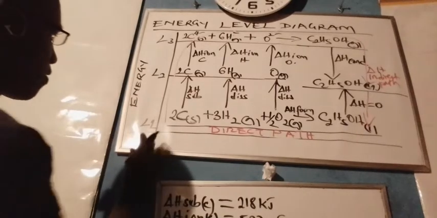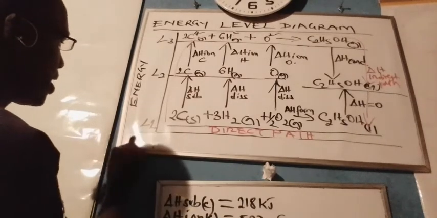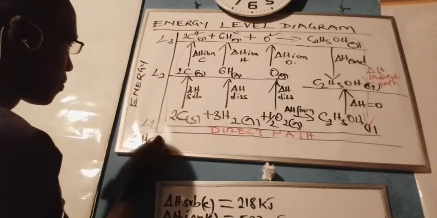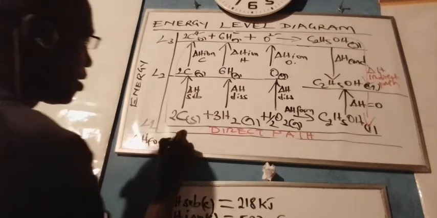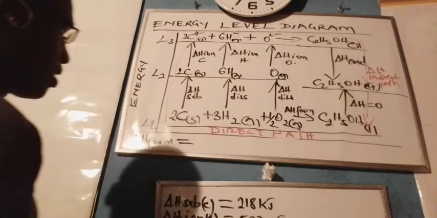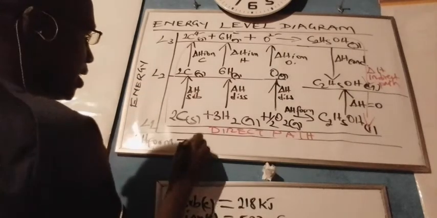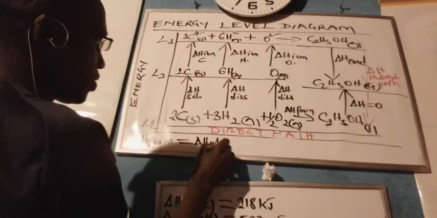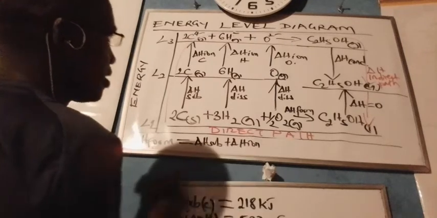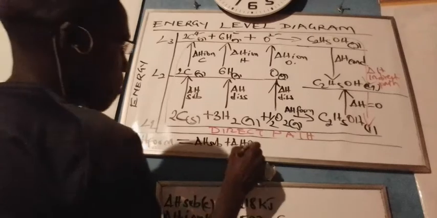So we can say comfortably that our delta H formation, which is a direct path, should be equivalent to the sum of all the other delta H's. So in this case, we have delta H sublimation plus delta H ionization, and in this case, it's ionization of carbon.